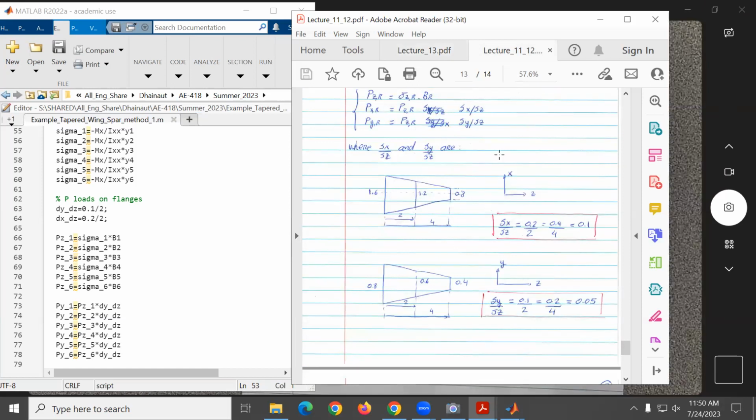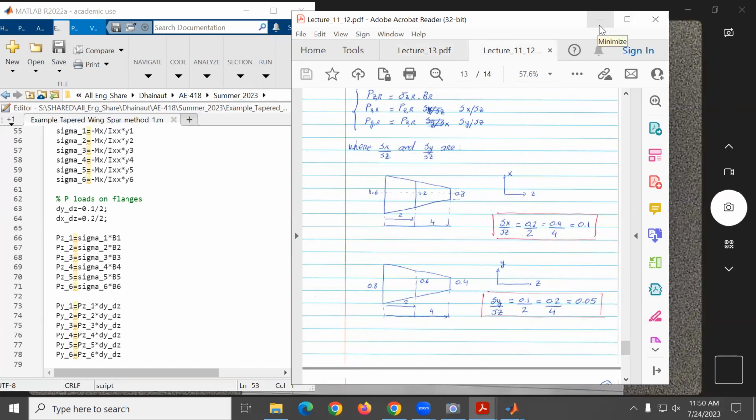Yeah, okay. So these are the dy over dz. You see one is 0.1, that will be the second one, and this will be 0.05, which is this one over here, no? Yeah, dy dz, dx dz is basically these calculations here.